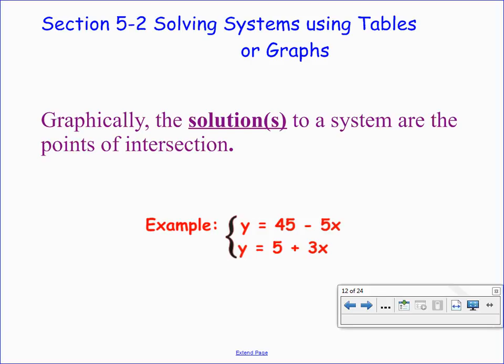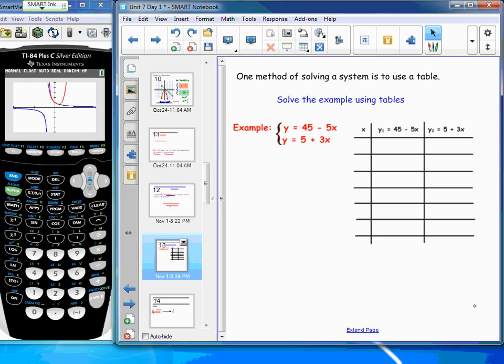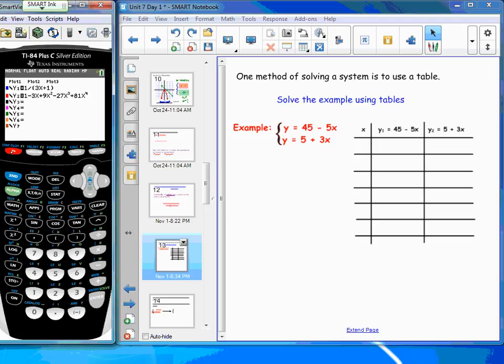Let's take a look at y equals 45 minus 5x and y equals 5 plus 3x. We're going to solve this example using tables first. So let's go ahead and in our y equals menu, enter our original functions in y sub 1 and y sub 2 respectively. So we'll clear out any other graphs that we might have.